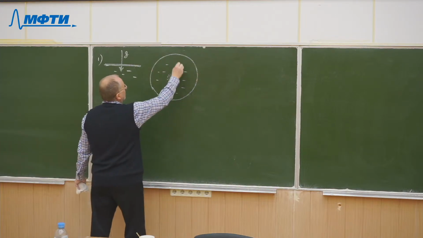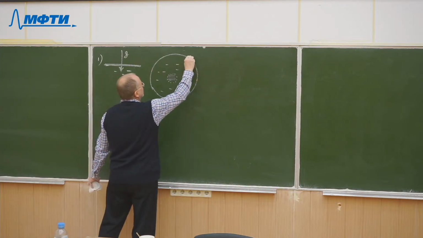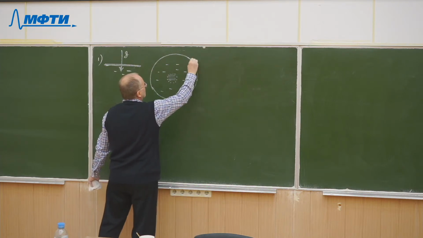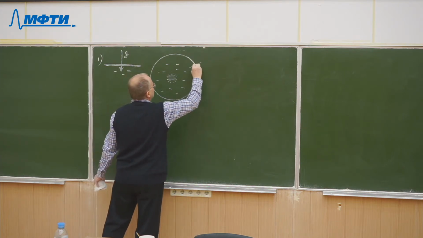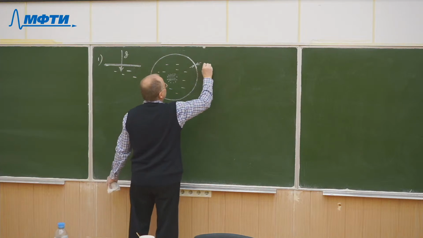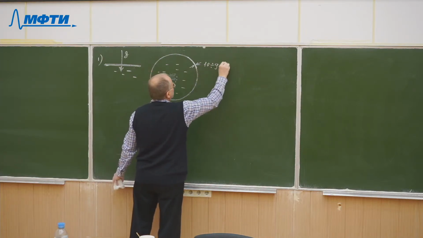All the Earth is liquid, and only a very thin crust on the surface of the planet, which is just a few dozens of kilometers, from 10, we'll say, to 19 kilometers.